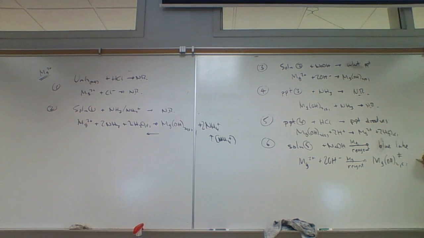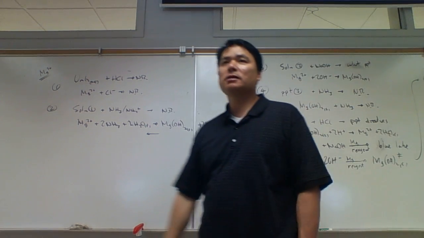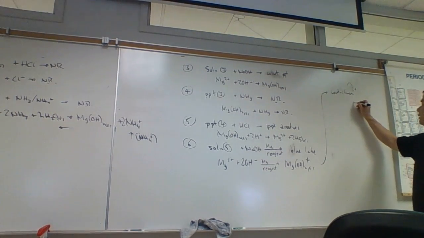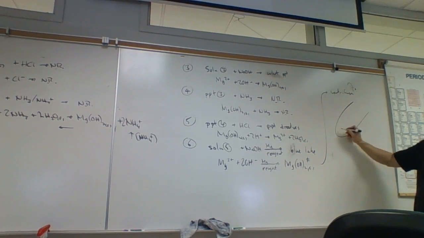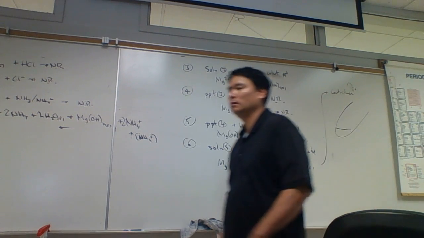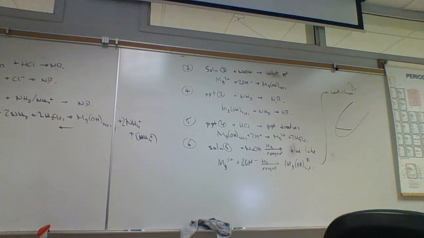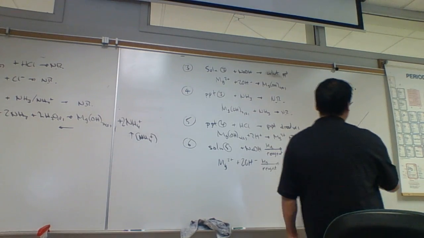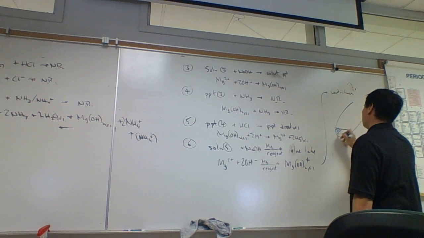I'll bring this up because some people ask me, is this the blue lake? And all I see is a blue liquid. That's not the blue lake. For the blue lake, you have to centrifuge it, and you get a gelatinous precipitate at the bottom. It's like a layer of Jell-O.